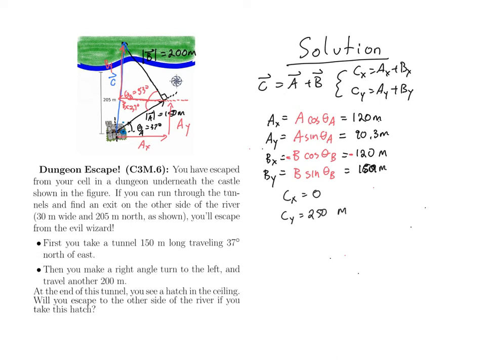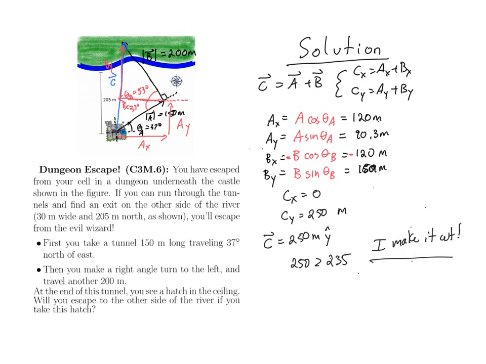I could write that in terms of unit vectors, and it's simply 250 meters in the y-hat direction. But all I need is, in the y-hat direction, to get 205 plus 30, that's 235. 250 is more than 235, so I make it out of the dungeon.